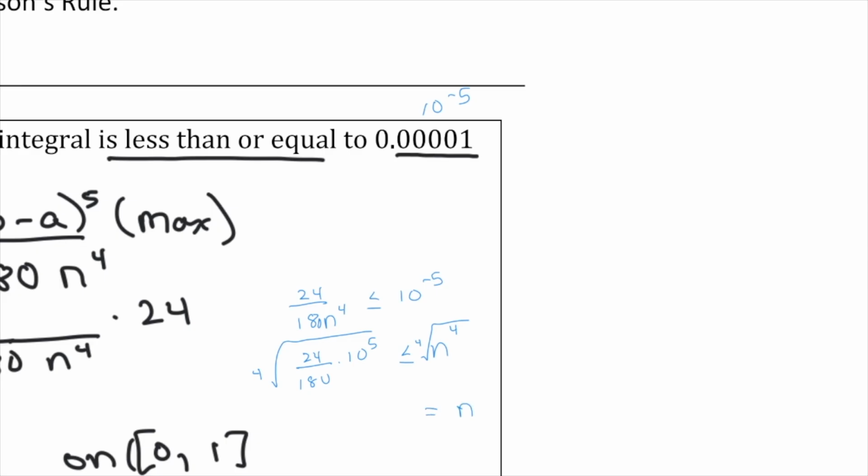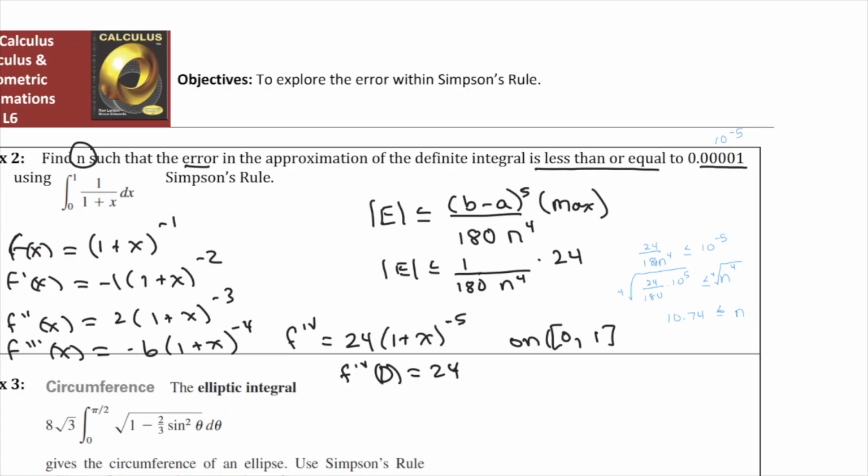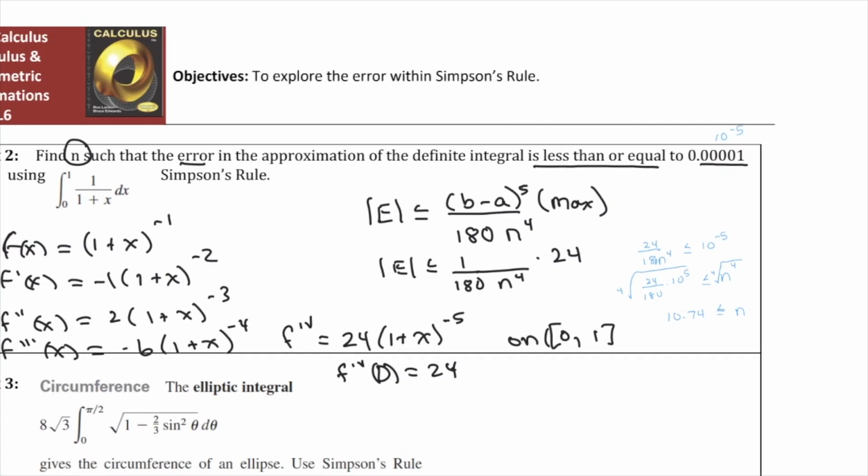And we know that n is going to be greater than or equal to 10.74. All right, so in order for this error to be less than 10 to the negative 5th power, n has to be greater than 10.74.